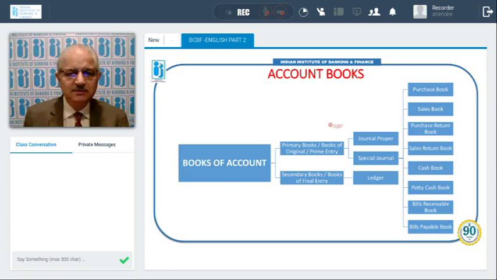He is given a fixed amount of money and he makes such small payments against vouchers. If he has made payment to 20 people as conveyance, 10 rupees, 20 rupees, 30, and the total is 500, then in my conveyance account, a single entry is made. So it makes my job simpler. The petty cash book is maintained for small cash expenses.